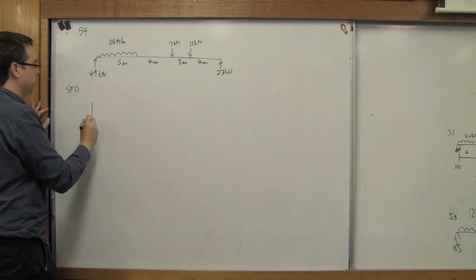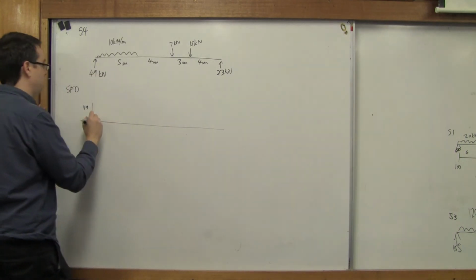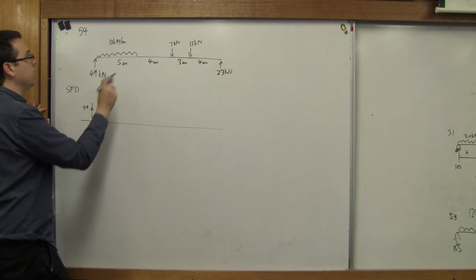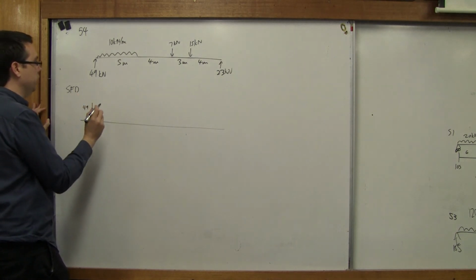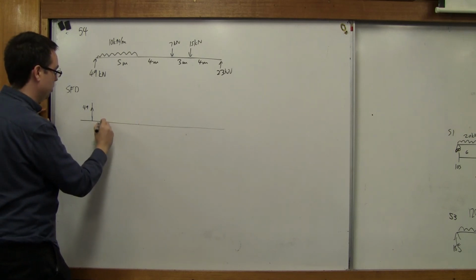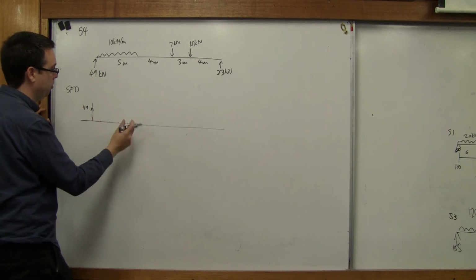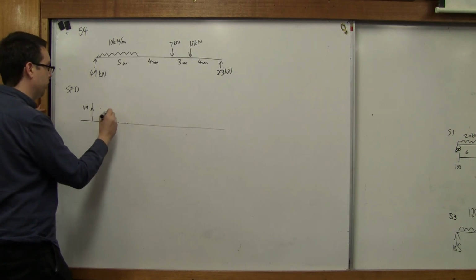Okay, so we've got a shear force diagram. First of all, we're going to go up 49 kilonewtons. Then we're going to go down 10 every metre. So we could divide that if we wanted into 5 little chunks: 1 metre, 2 metres, 3 metres, 4 metres, 5 metres. Close enough. And we could dot that in.